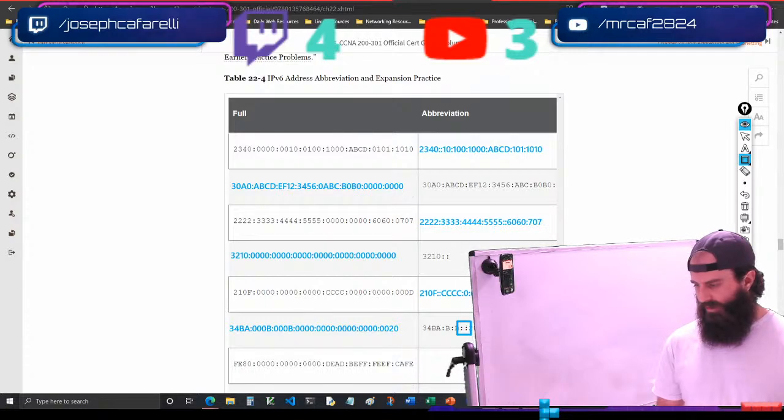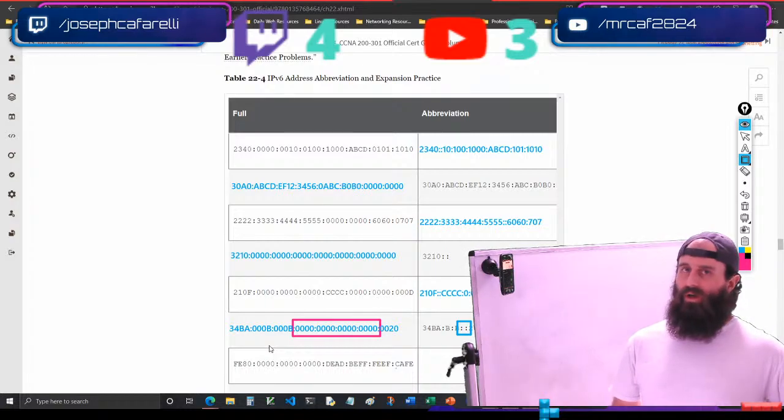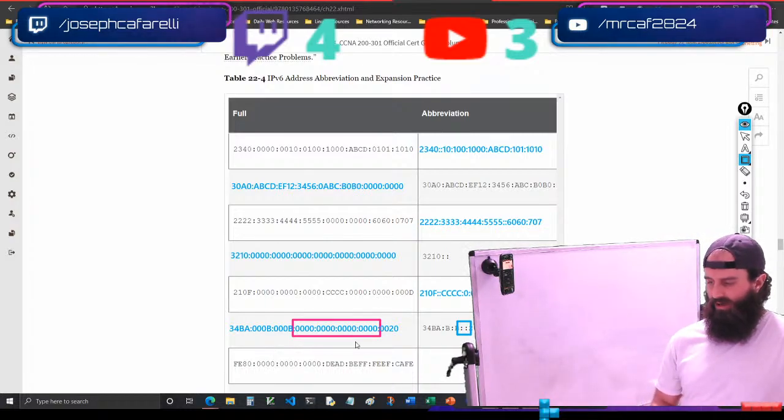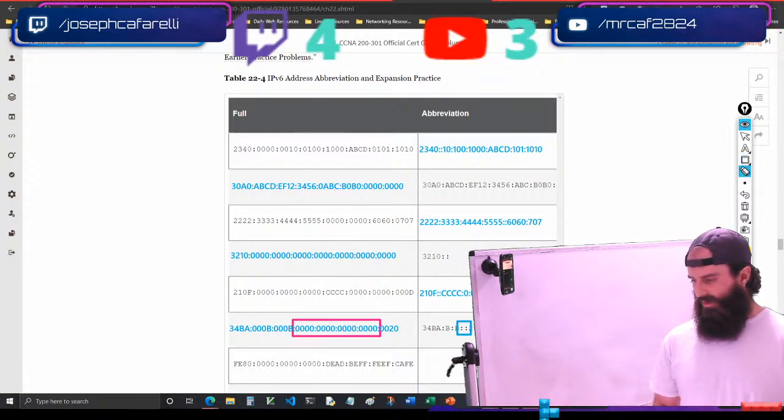So that abbreviated portion was pretty much saying that there were 4 quartets that had all leading 0s in it, and then ending obviously with the 2 0 to finish it off, that final quartet there.